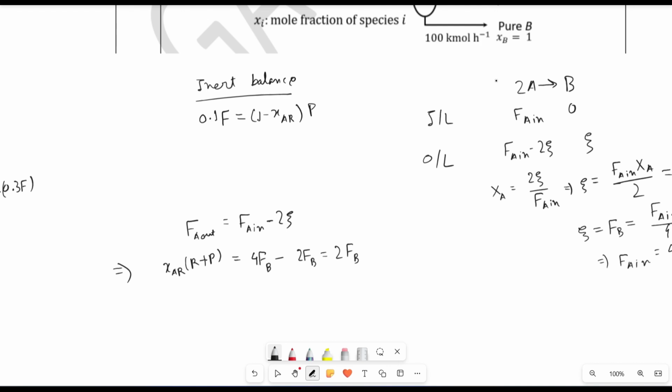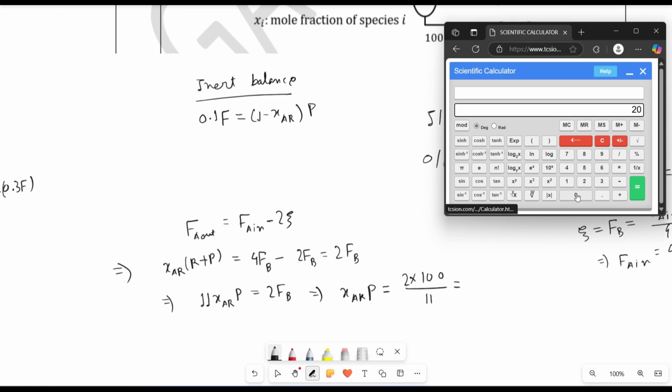So 11 XAR into P is equal to 2FB. Now XAR into P is our question. 2 into FB is 200, so XAR into P is 200 by 11, which is equal to 18.1818.